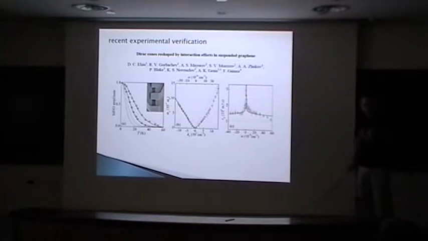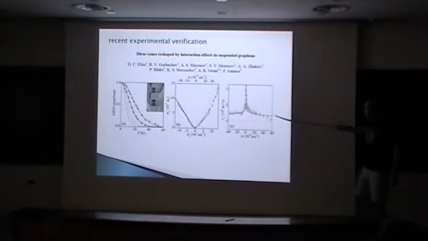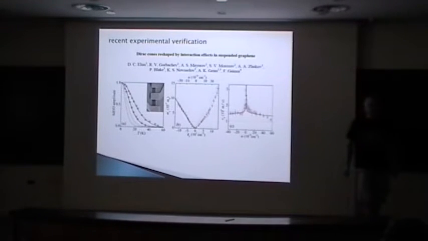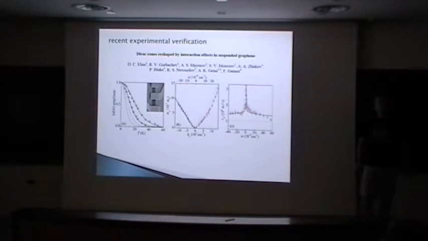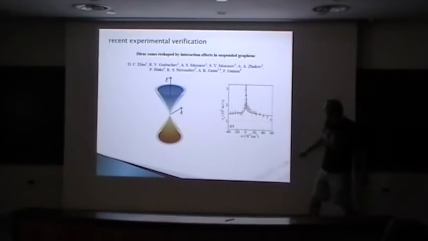And you find that this velocity renormalization, as deduced from what they call the cyclotron mass of the system, indeed can be understood very well in terms of the logarithmic enhancement that we just saw and that was predicted from theory.